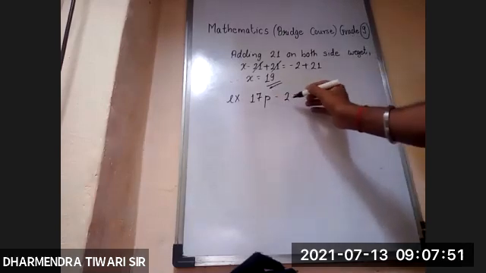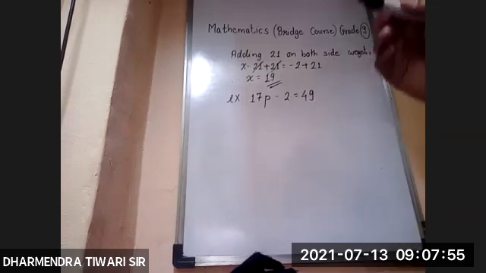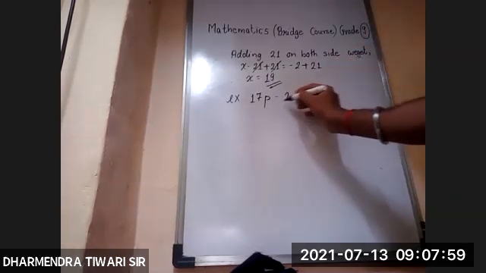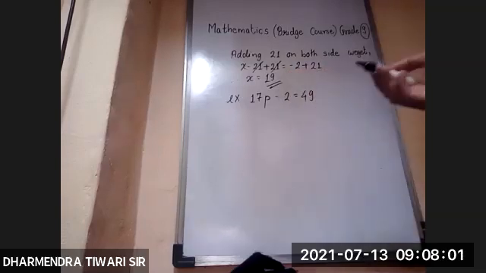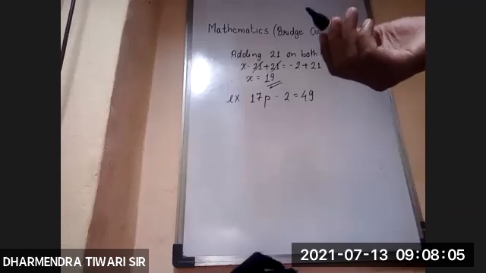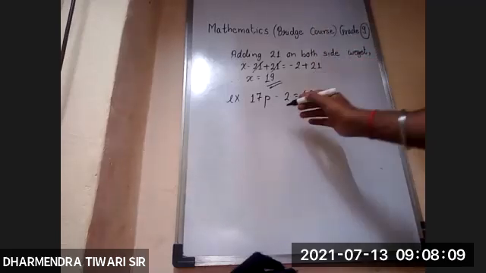So 17p minus 2 is equal to 49. What we can do, as we can see, minus 2 is a constant part, so we can take it to the right hand side. How can we take it to the right hand side? By adding 2 on both sides.